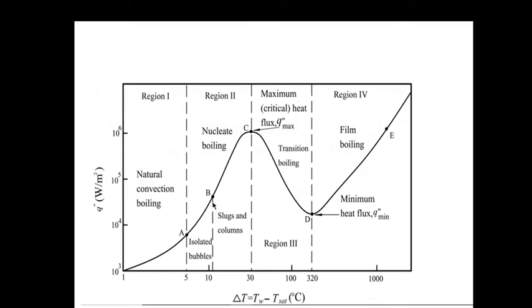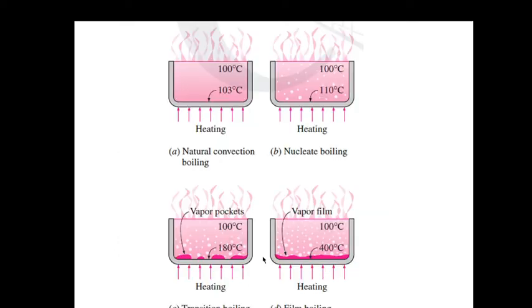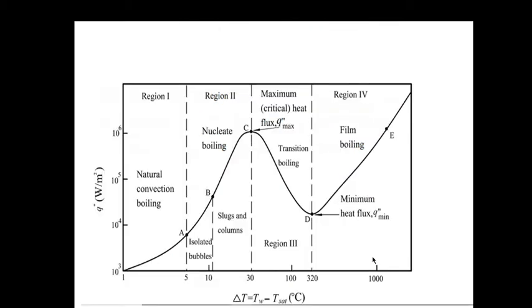Then heat flux goes on increasing, the temperature difference goes on increasing, and point B comes, which is the peak of the bubble formation, and suddenly there is a rise in heat flux.